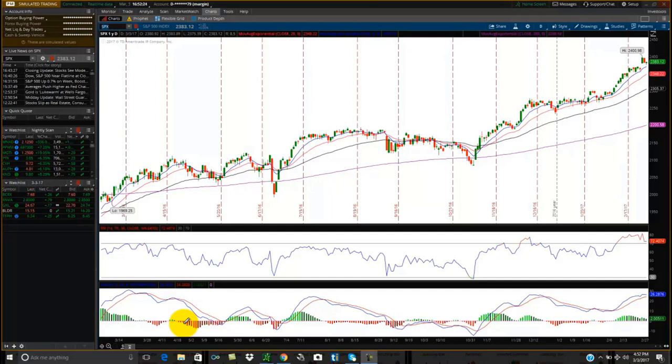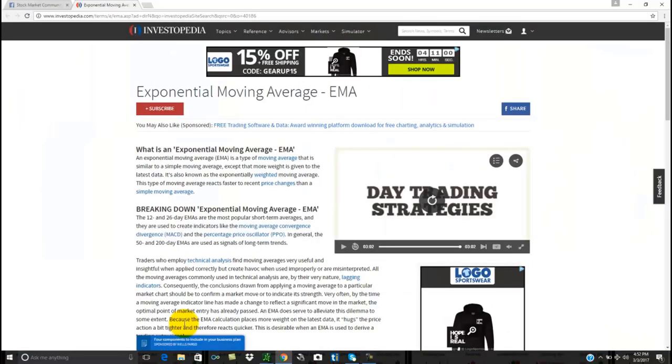So if you want to look at more of the technicals or read more of the definitions or see more of the ins and outs of what EMAs stand for, go over to Investopedia.com. It's a very helpful, handy resource where you can really learn the exact definitions and learn more in depth about anything to do with the stock market.